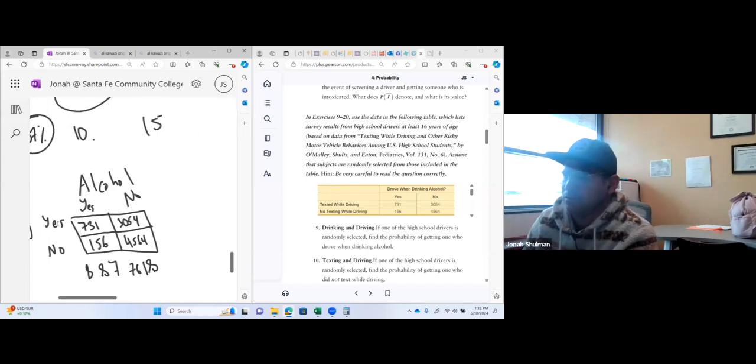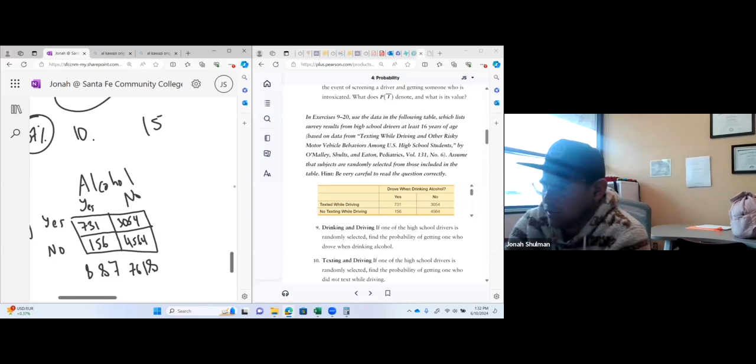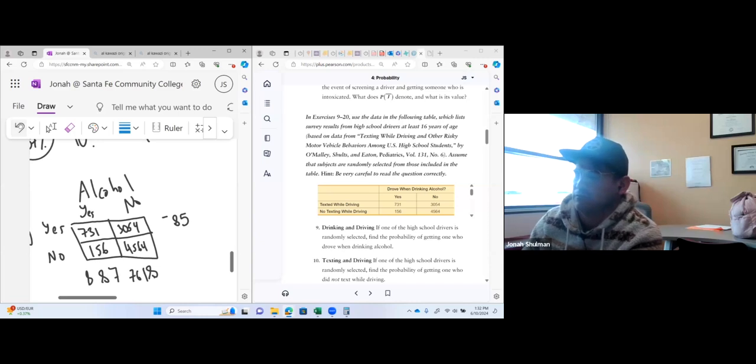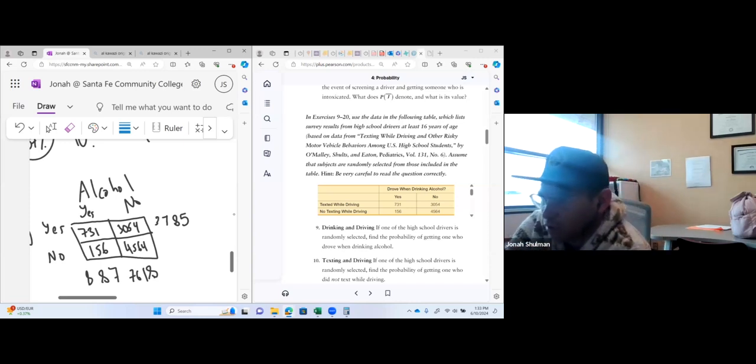Now, how many people just said yes to texting while driving? That's going to be a 5 and 8, a 7, well, almost a 7, and a 3. And how many people said no to all of them?